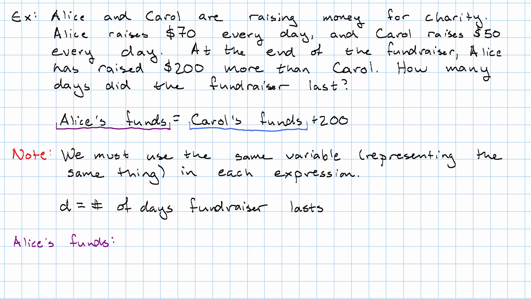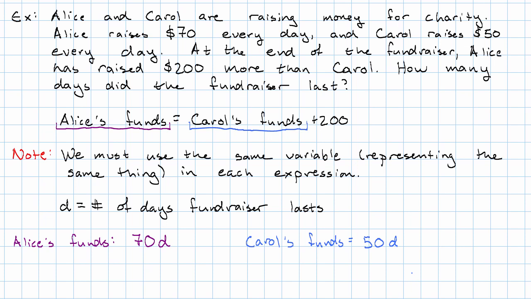Now, Alice raises $70 every day for D days. Of course, that means we're repeatedly adding 70. In other words, we're multiplying the number of days by 70. Similarly, Carol raises $50 a day for the same number of days.